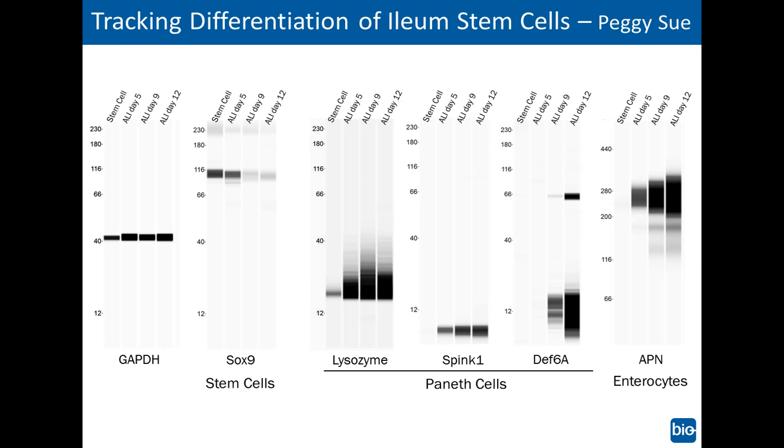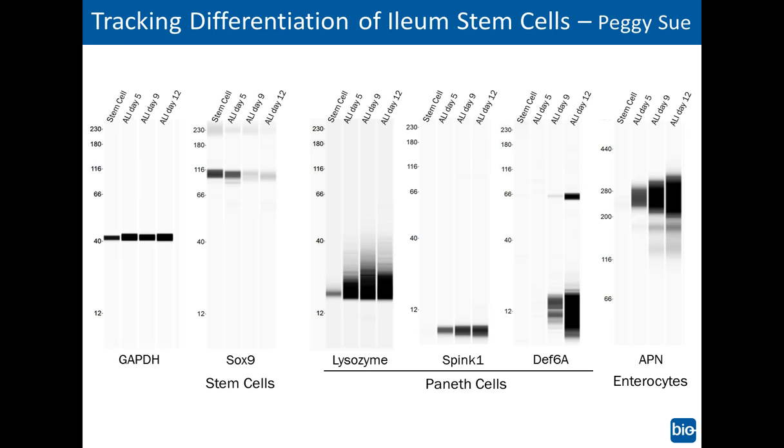Here's an example from ileum, and here's a way we like to track our differentiations and look at different markers using a system called PEGGY-SUE, which is an automated, multiplexed Western blotting system. In this example, we have 4 lanes, so 4 samples, including the stem cell sample, and then ileal differentiation day 5, day 9, and day 12, going from left to right.